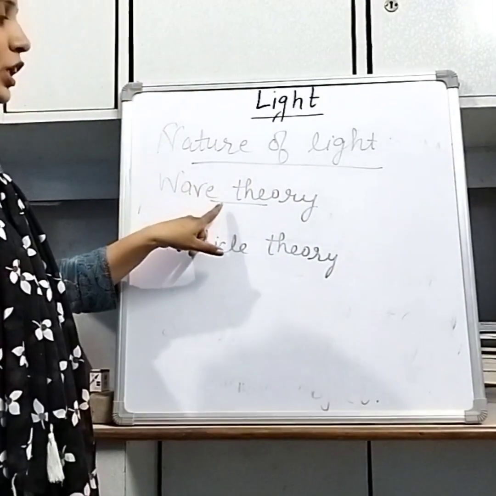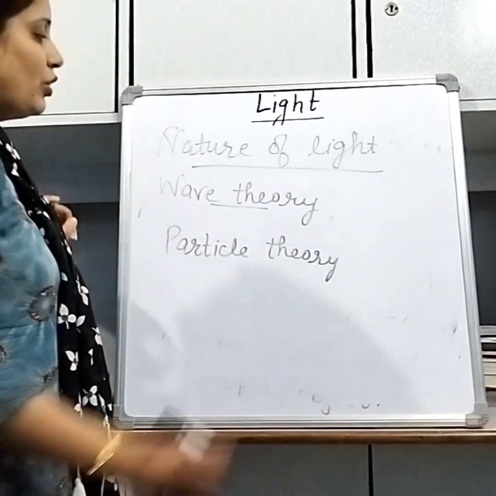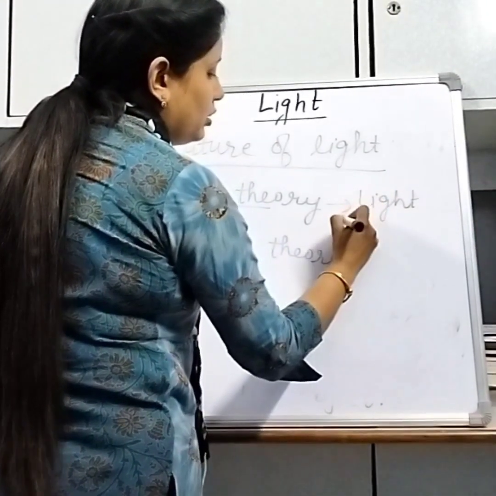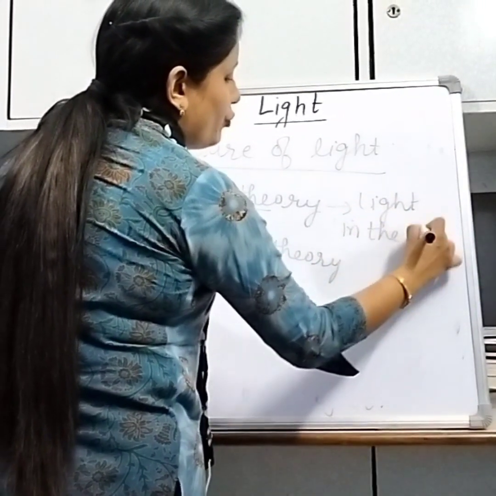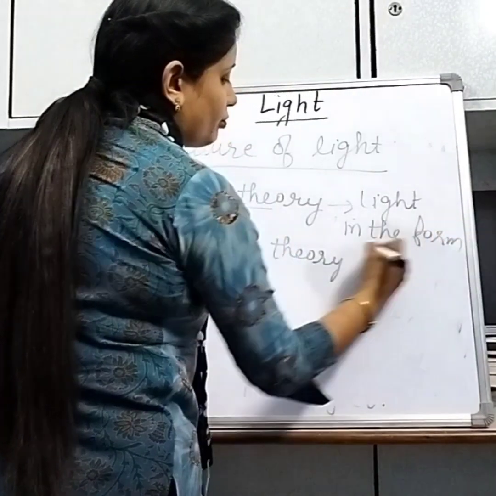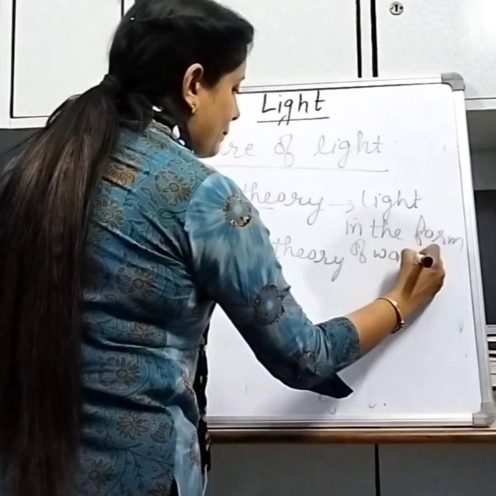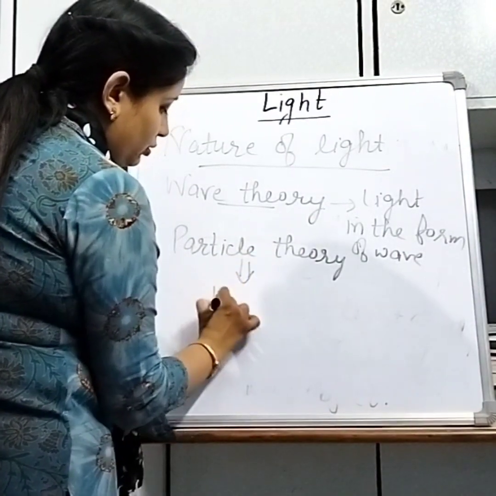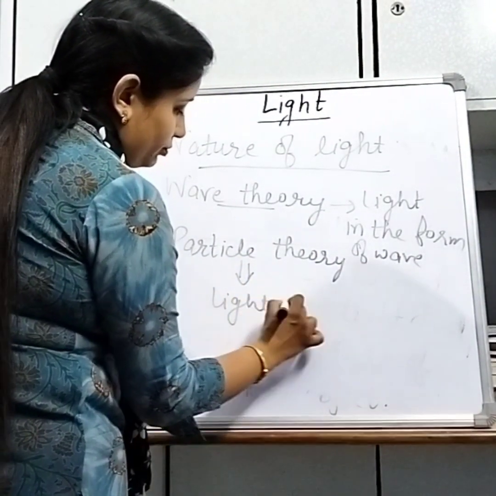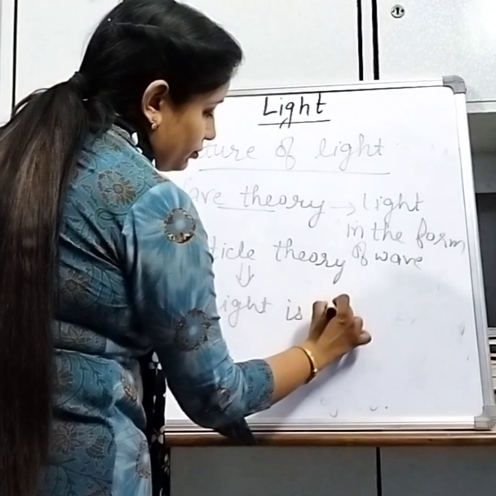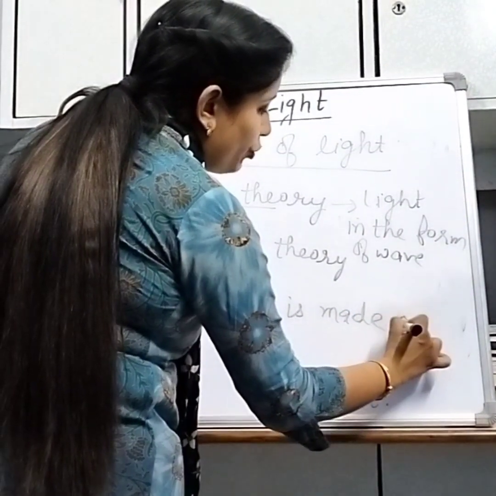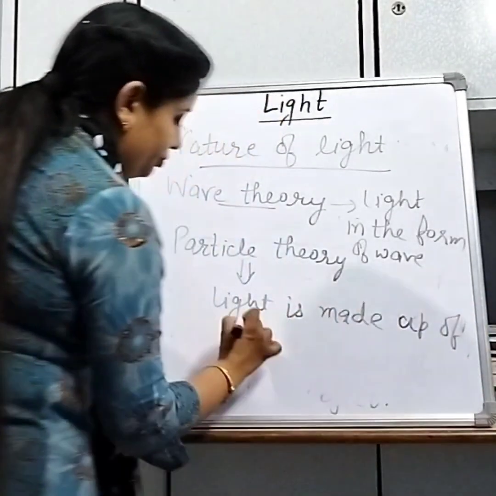According to wave theory, light is in the form of a wave. And according to particle theory, light is made up of particles.